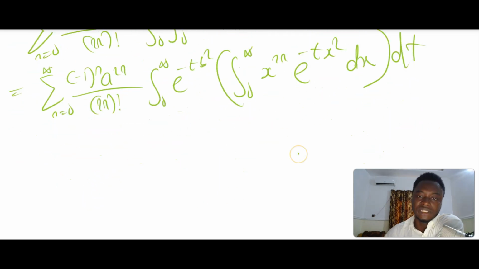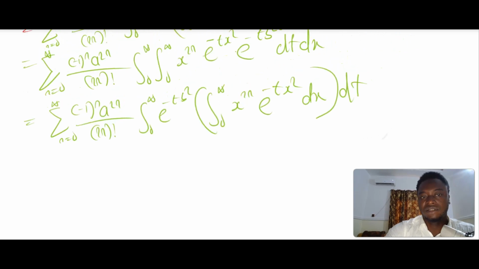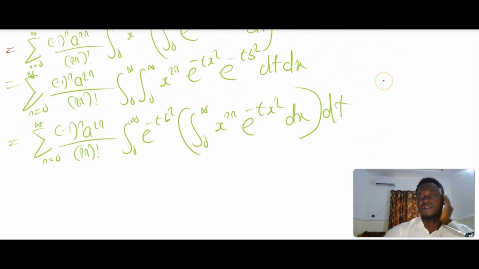Now how do we handle the integral with respect to x? We're going to compute everything in terms of t. We start with a basic substitution because we need to get rid of the x squared term. So we take u to be x to the second power.